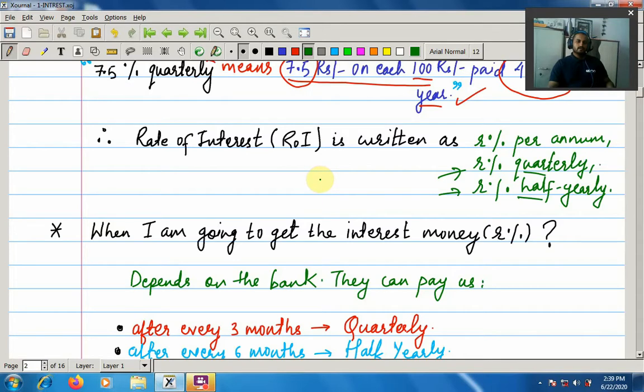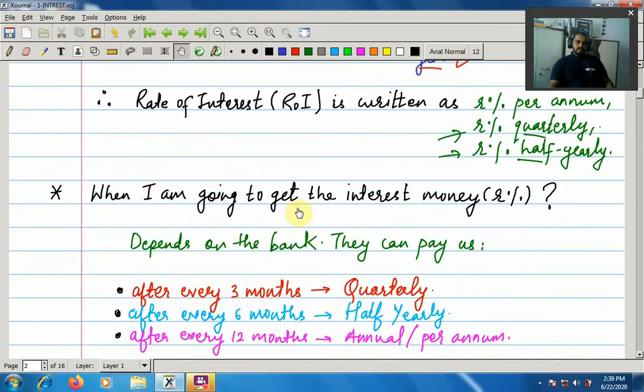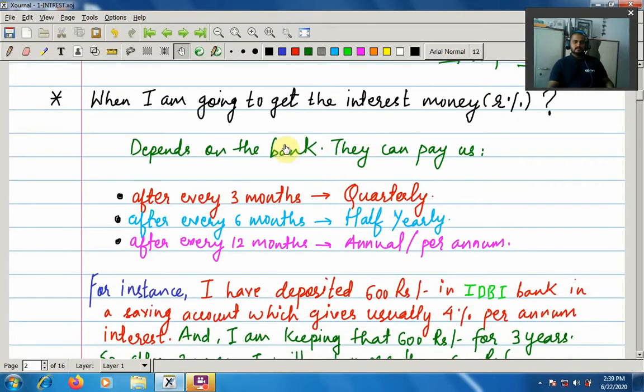So next is when I'm going to get the interest money. We have seen per annum, quarterly, half yearly. The same thing we are going to discuss in this question. When am I going to get the interest money? Actually, it depends on the bank.